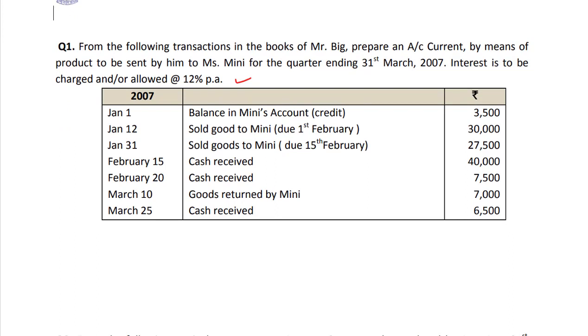We need to understand who will make the account over here. It is written by means of product to be sent by him to Mrs. Minnie. This means Mr. Big has to give account to Mrs. Minnie. So we have to make Mrs. Minnie in account current with Mr. Big. Transactions are given over here.